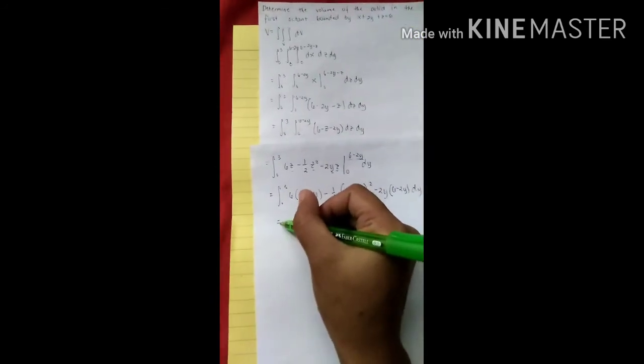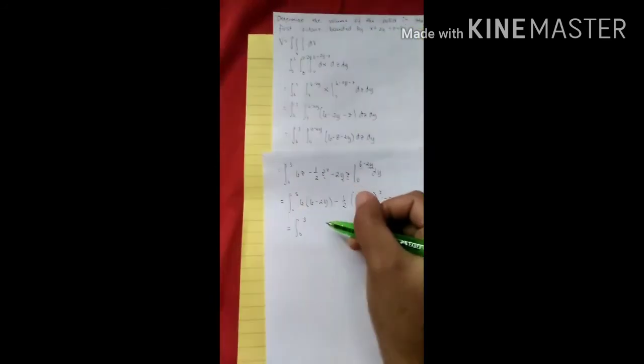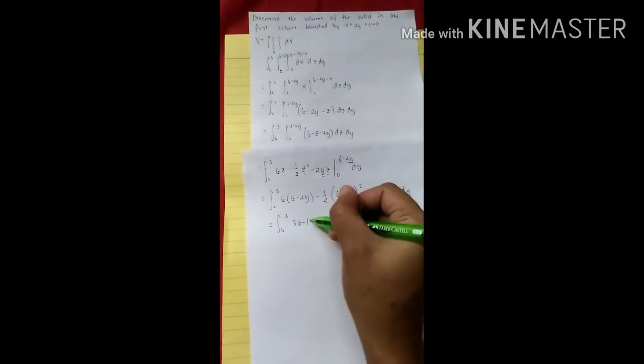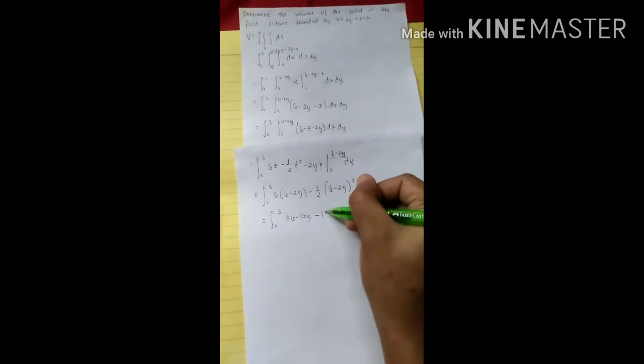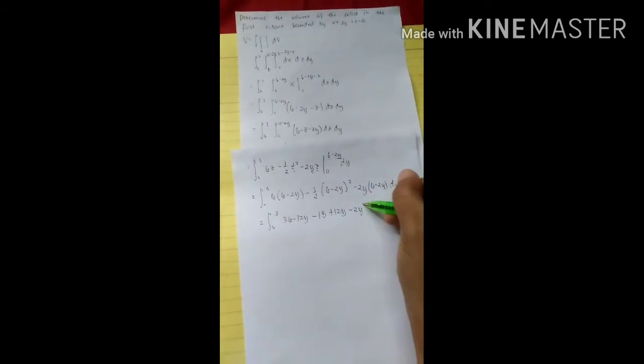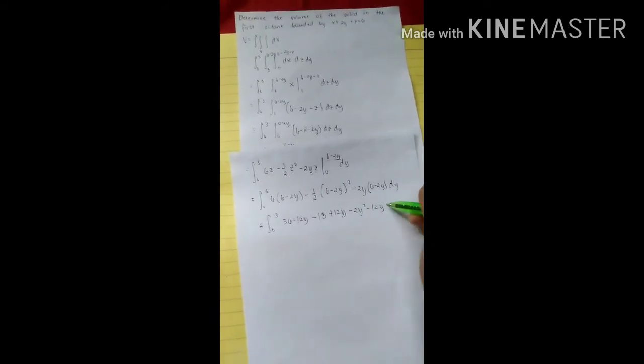Multiplying, we have 36 minus 12y minus 18 plus 12y minus 2y squared minus 12y plus 4y squared dy.